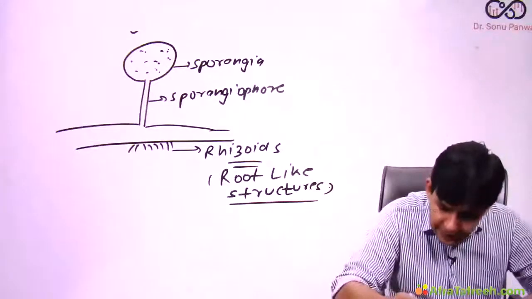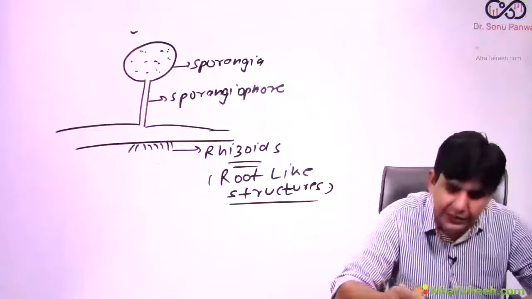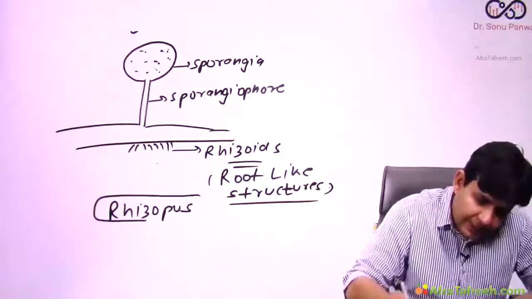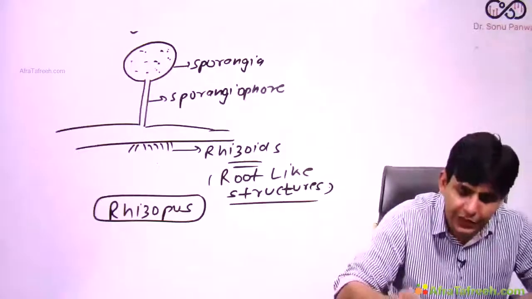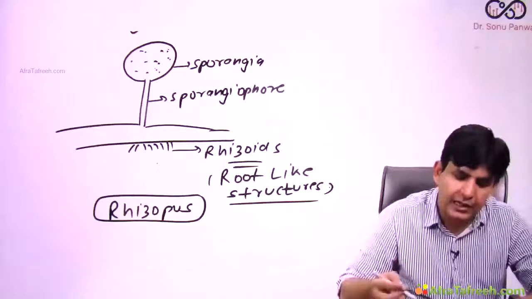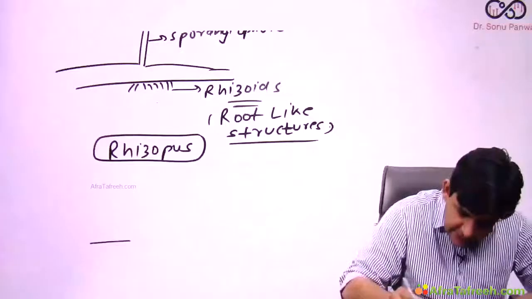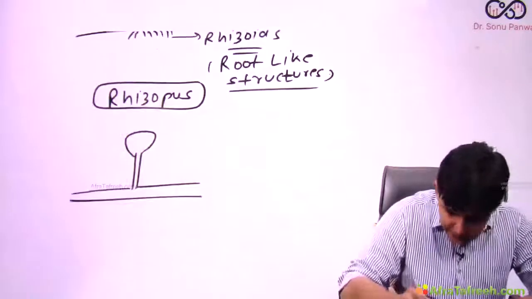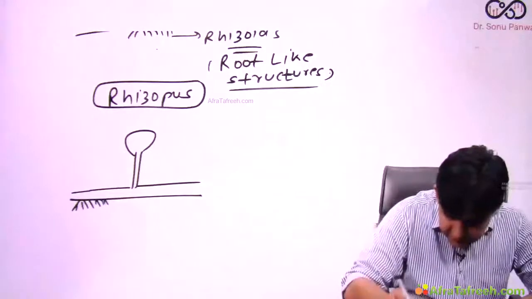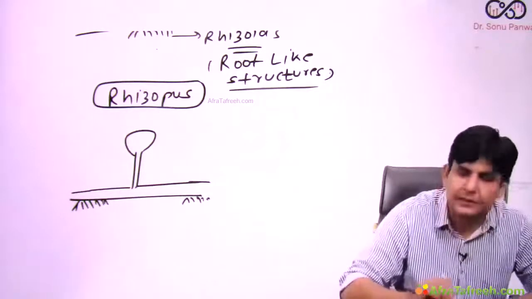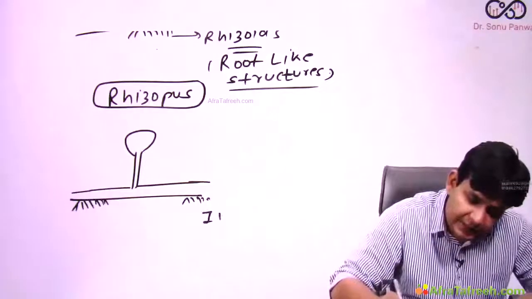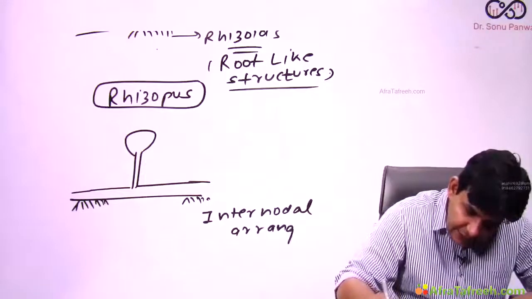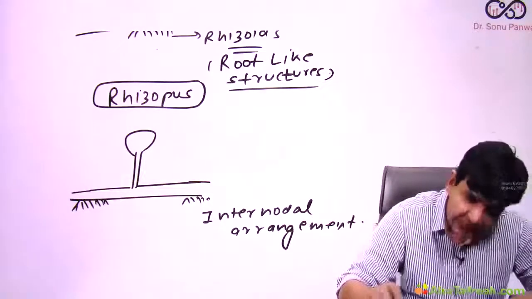Remember like this: if the sporangia is just opposite to the rhizoids, this particular one is rhizopus. If the rhizoids are not exactly in the center, they are at the sides, this particular arrangement is termed internodal arrangement.